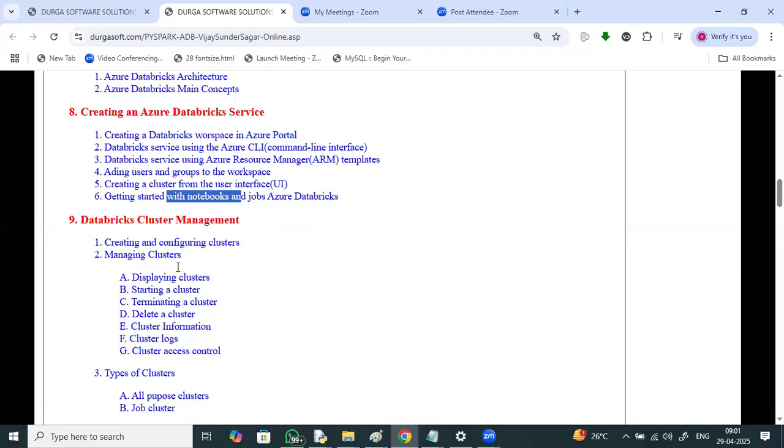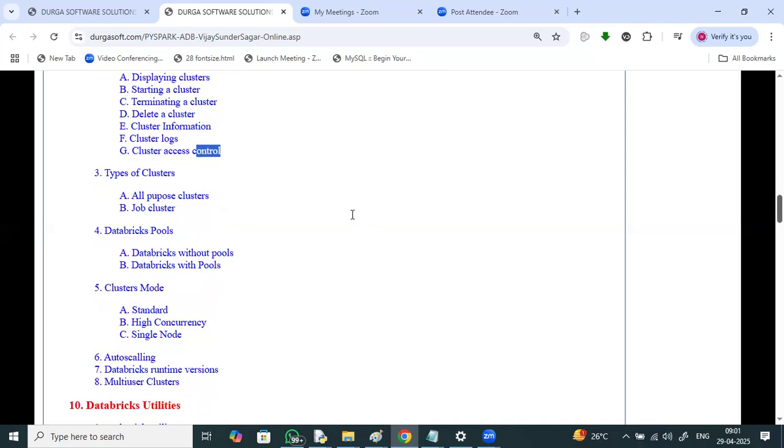Displaying the clusters, how to start, stop, terminate and delete a cluster, cluster logs, cluster access control, and different types of clusters: all-purpose cluster, job cluster, and Databricks pools, with pools and without pools.